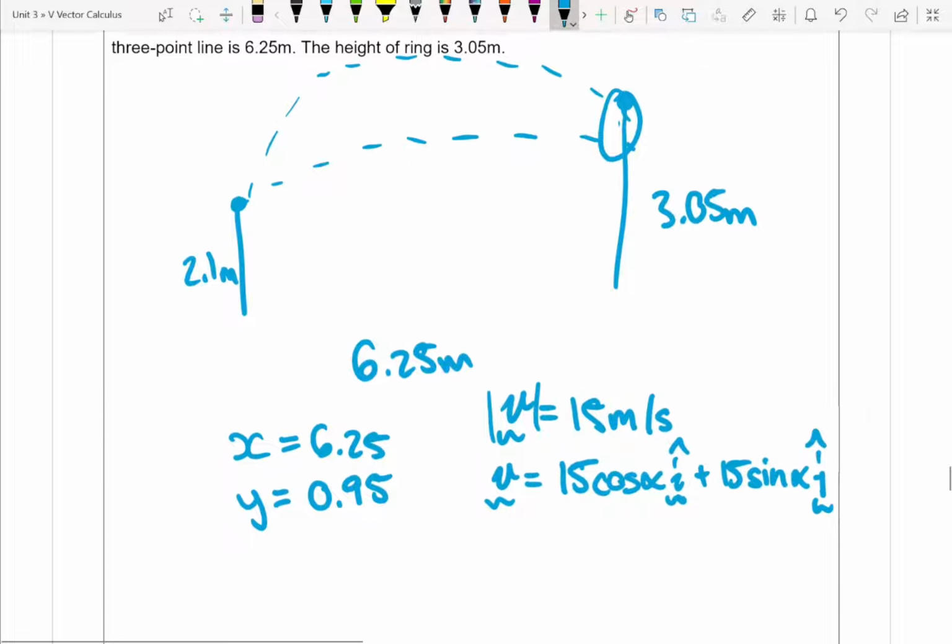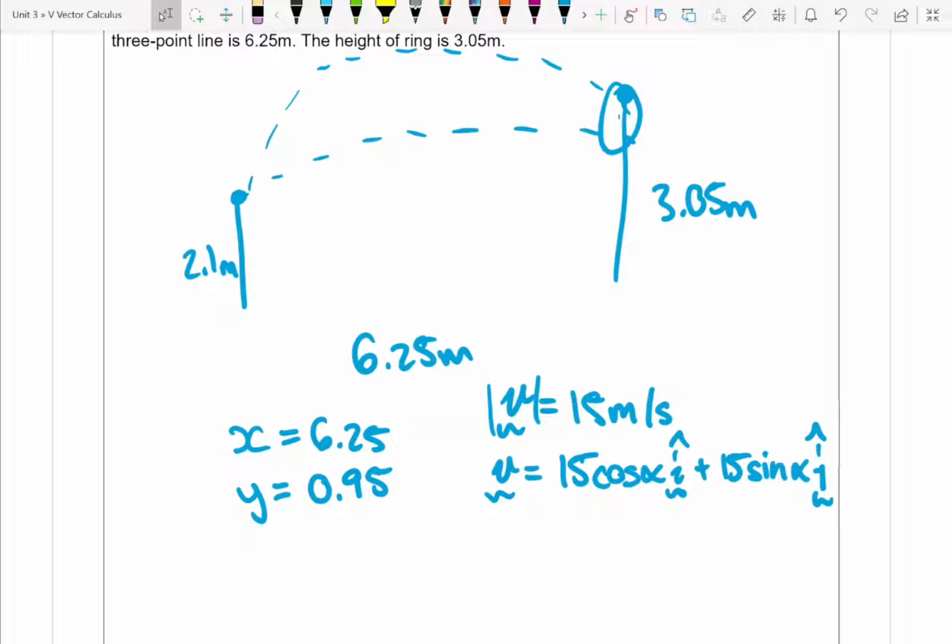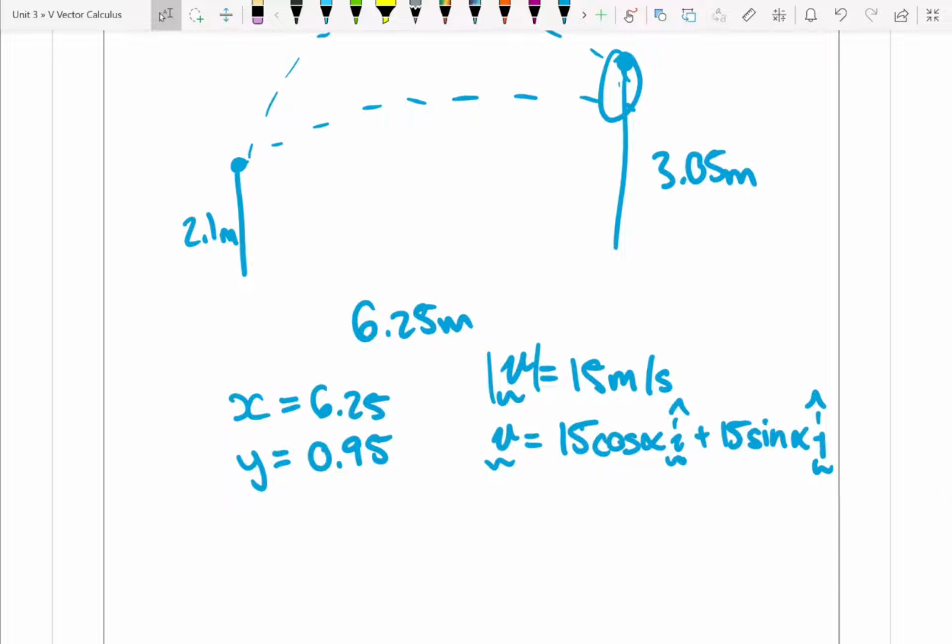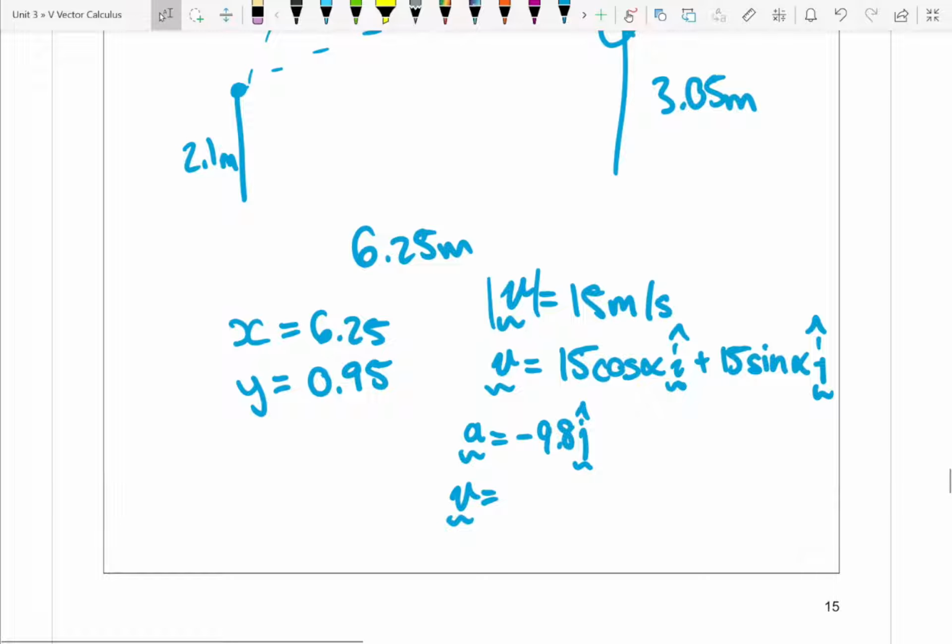So if we were to consider the fact that v is also coming from the fact that acceleration is equal to negative 9.8 j, we know that velocity is also equal to some constant c1 i, plus the integral of acceleration, negative 9.8t, plus c2 j.